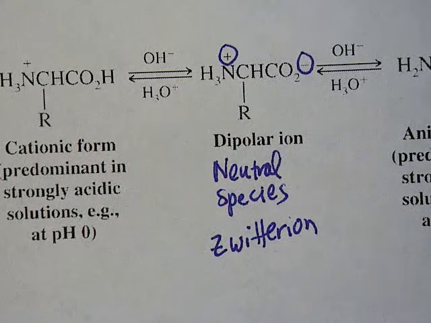Because it has both the negative charge and the plus charge in one molecule, it's going to have dual properties. It's amphoteric in nature. What I mean by that is that depending on the pH condition it sits in, it's going to exist in a different form.